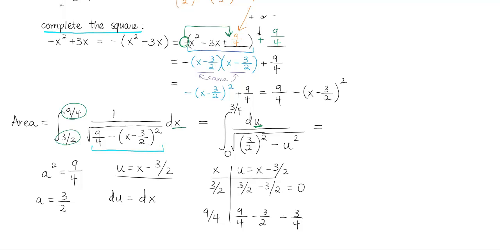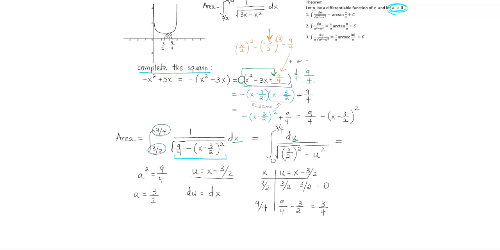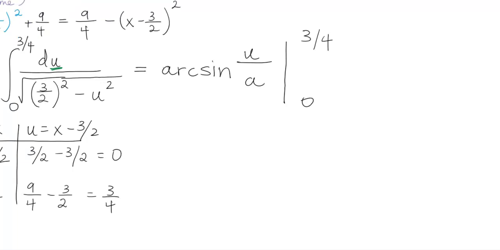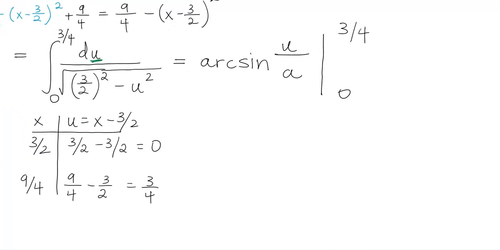So now let's go ahead and fill out our integral using number 1 from the theorem. So this is equal to arc sine of u over a. I'm not going to put a plus c because we have a definite integral that's being evaluated from 0 to 3/4. Now because we did change over to u limits, I do not need to sub back in what u is.